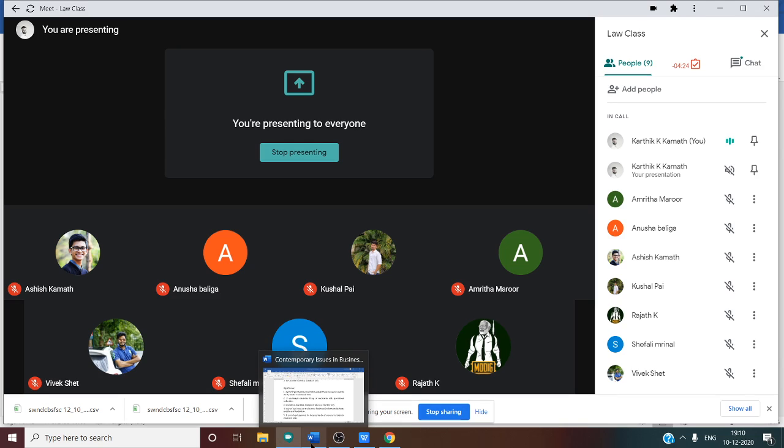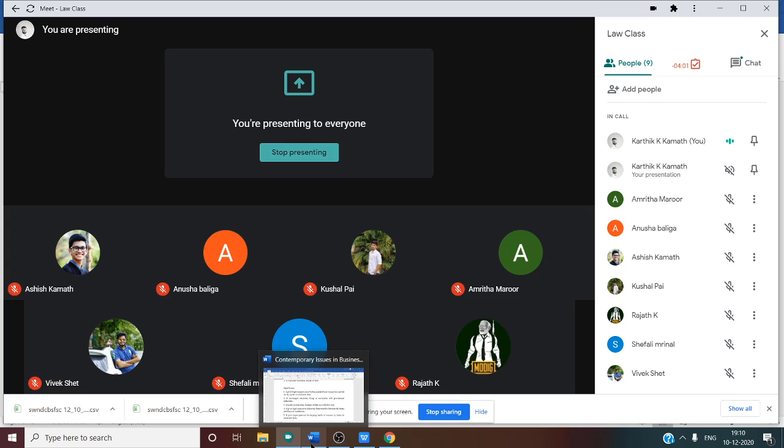Then there are two options: file the return and view the return. Here, the date for the IT return is extended. Before it was November 30 for individuals, now it is extended up to 31st December. Before, there was a normal manual procedure.